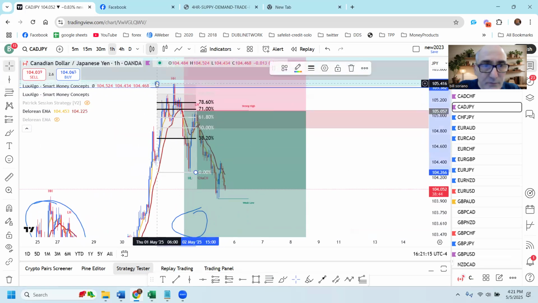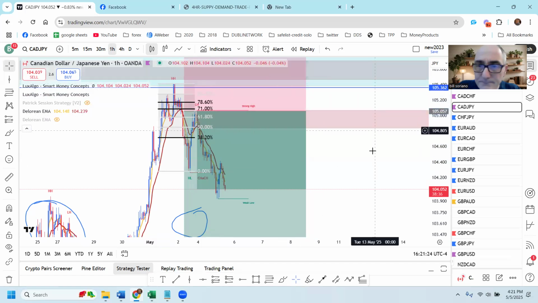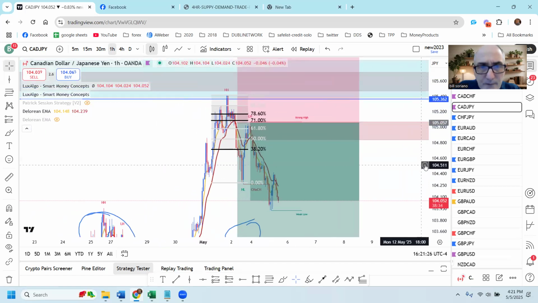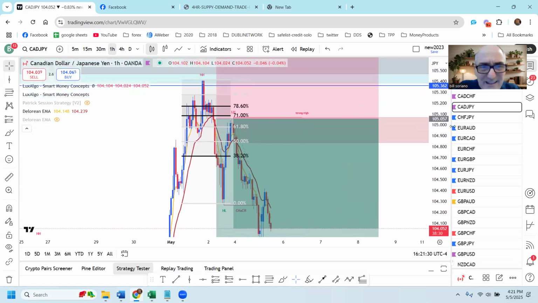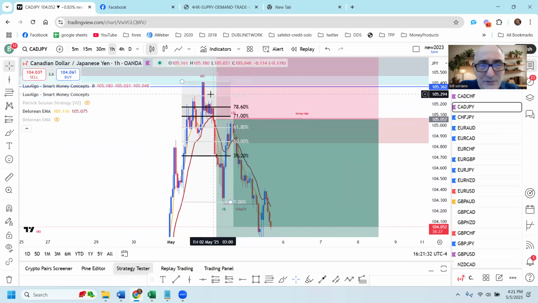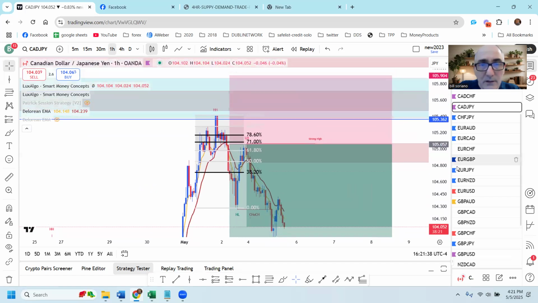Let me just show you this. This was a little bit further down. So as you can see here, price comes back. Now what we do, we need to set our stop loss, right?